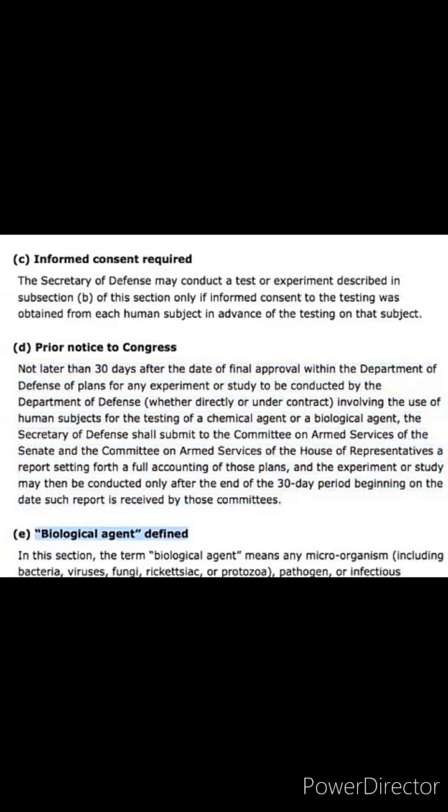In Part E, the U.S. Code actually defines what a biological agent is.